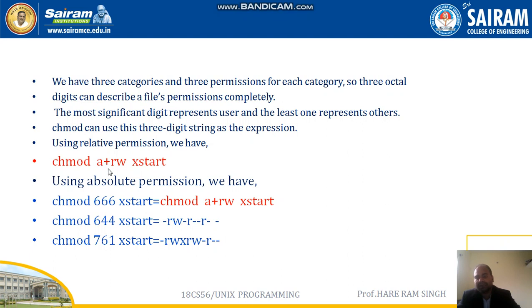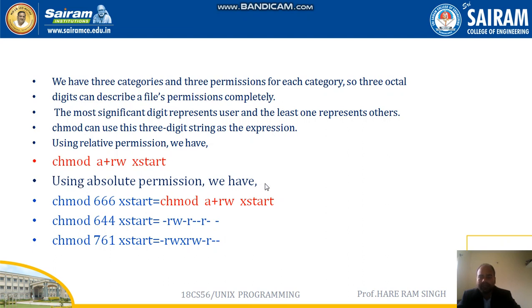So it's in the relative permission. I want to give read and write permission to all the three users, like user, group owner, and others. So what do we write? We write a plus rw x star.